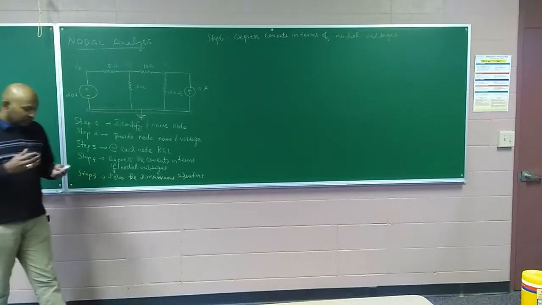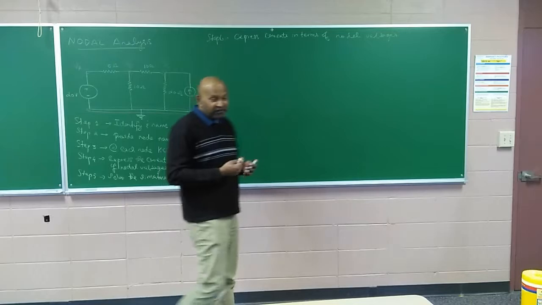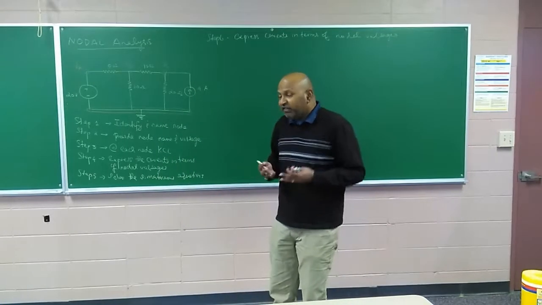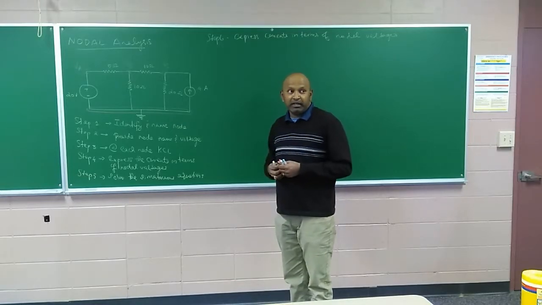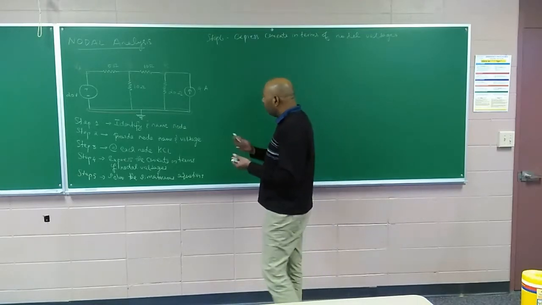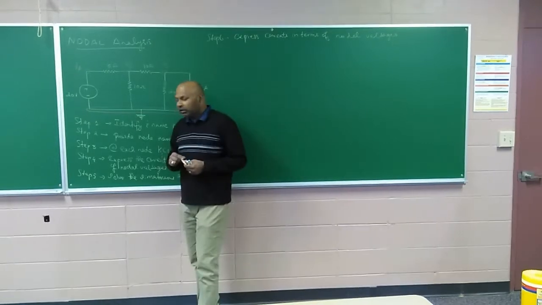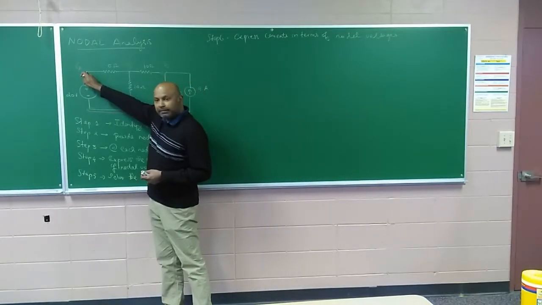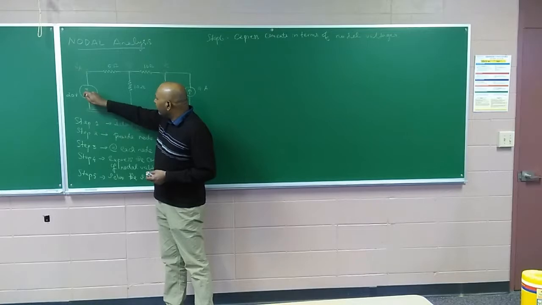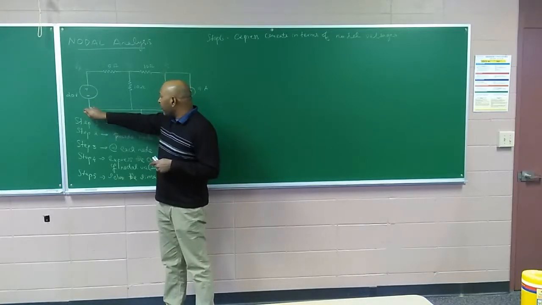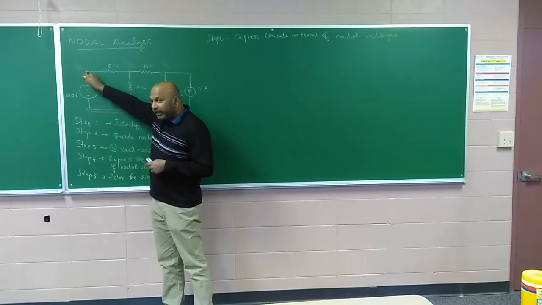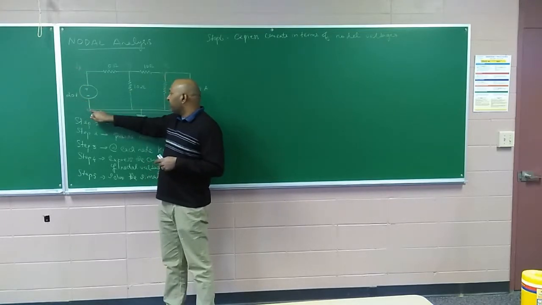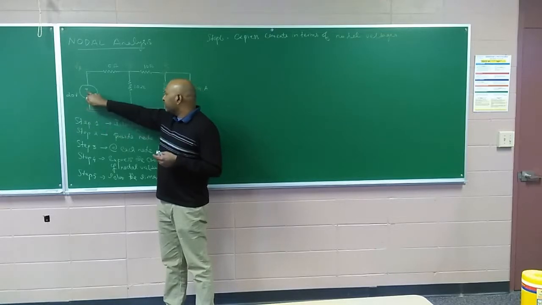Now, let us also look at the circuit a little more carefully and see if we can identify any obvious voltage values that will make our analysis easier. By inspection, we see that at node A, we have a voltage source connected between ground and node A. So the voltage at point A is 20 volts above ground, because this is a 20 volt independent voltage source.